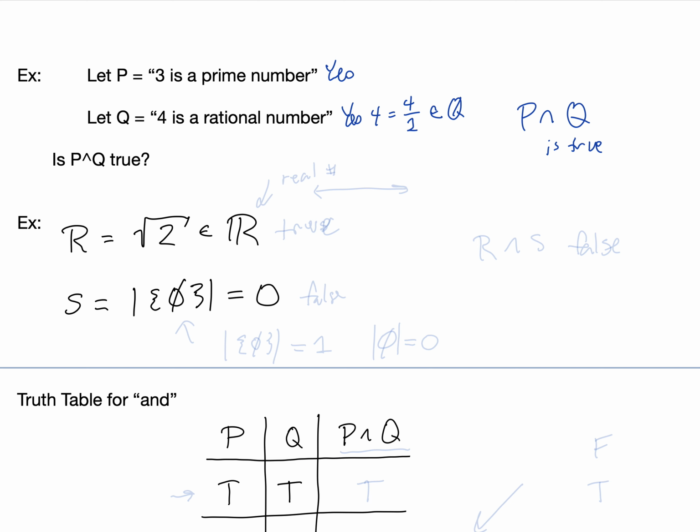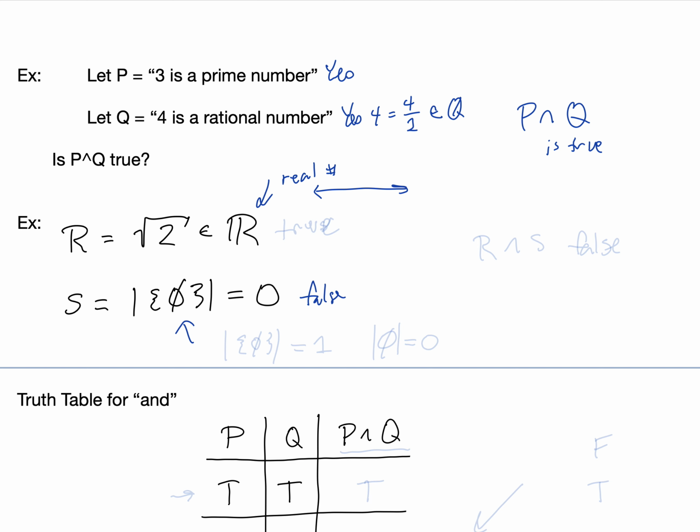How about the second one? So R is the statement square root of 2 is a real number. So remember, this is the real numbers. These are all real numbers on the real number line. This one is the set containing the empty set has cardinality 0. So this second statement is false, right?